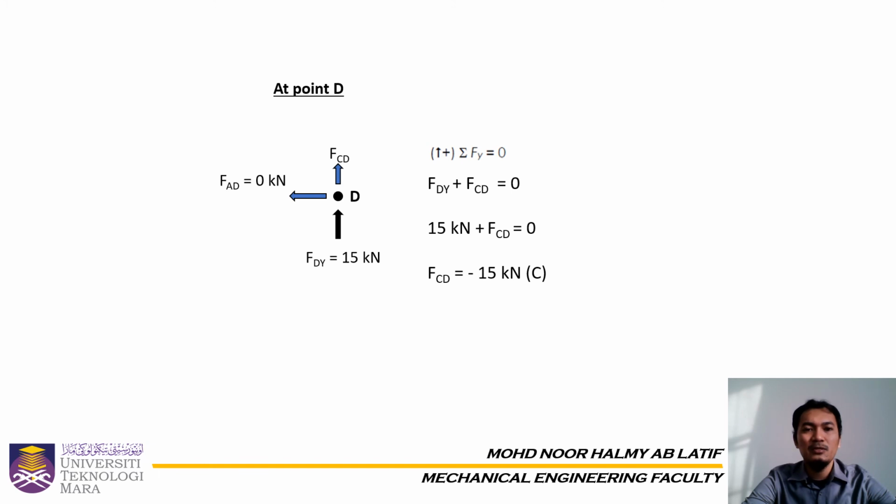The last point is point D, which has two unknowns, FAD and FCD. FAD we already found, which is equal to 0 kilonewton, so it leaves us with FCD only. Since FCD is only acting in Y direction, by using summation of force in Y direction, we get FCD equal to negative 15 kilonewton, which shows that the member is in compression.